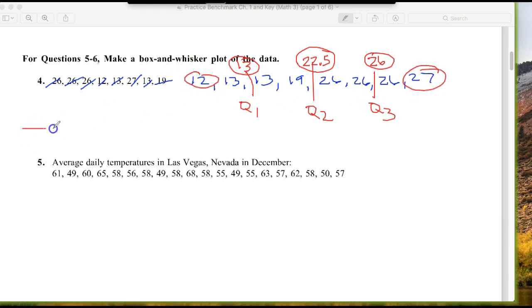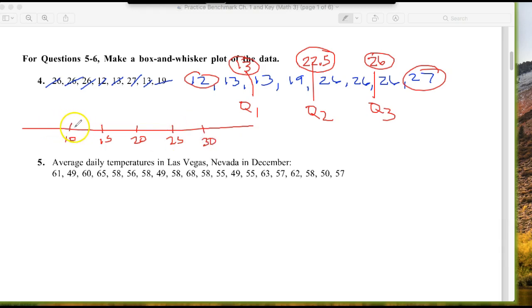So go ahead and sketch out a number line here. Let's start here at 10. We'll go 10, 15, 20, 25, and then 30.